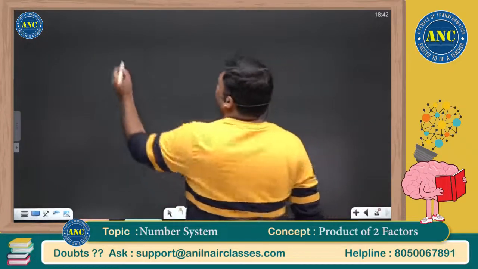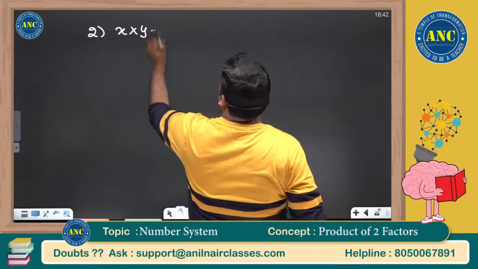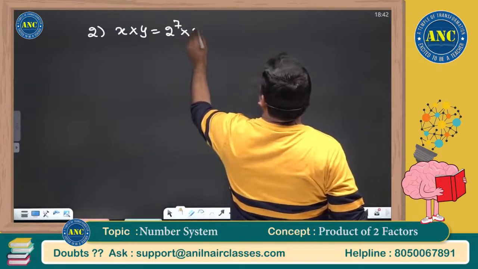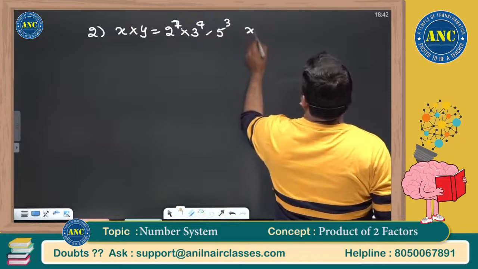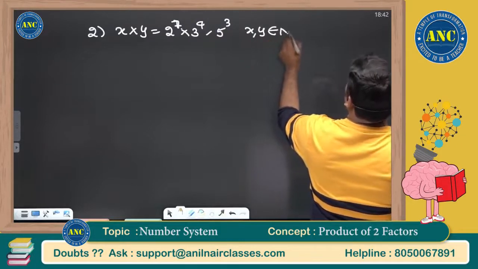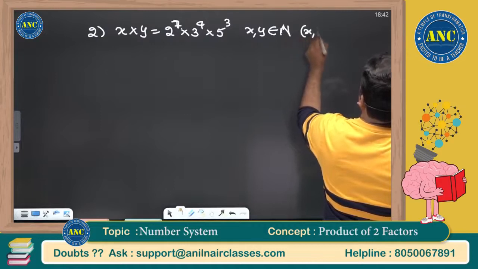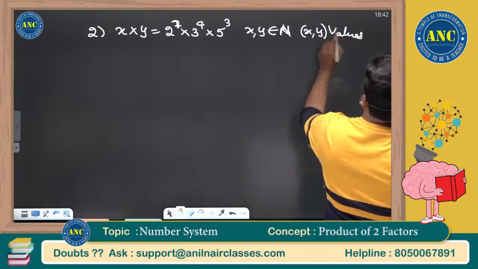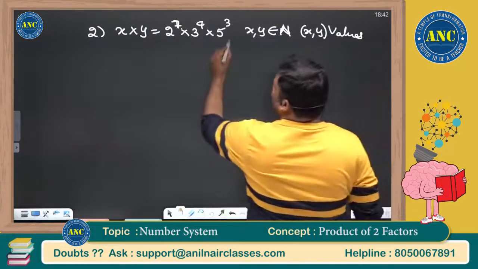Second question. Directly we will write x into y equivalent to 2 power 7 into 3 power 4 into 5 cube. x and y are natural numbers. How many values will x and y take to satisfy this equation?